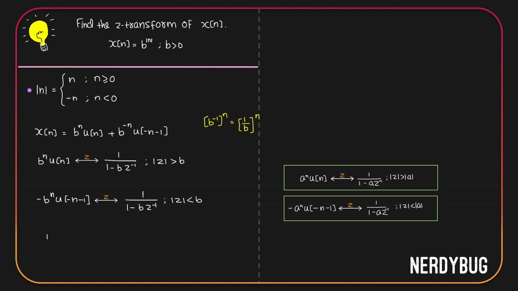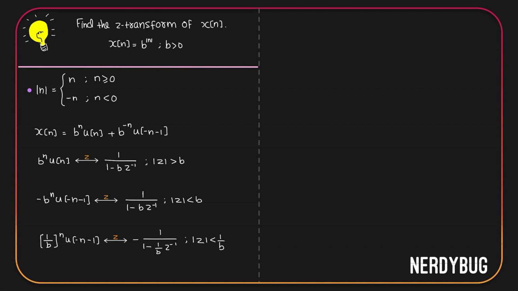So what we actually have is 1 by b to the power n u of minus n minus 1. This also doesn't have the negative that is required, so we'll have to put it over here. Its z transform is going to be negative of 1 by 1 minus 1 by b z inverse, and magnitude of z should be less than 1 by b.